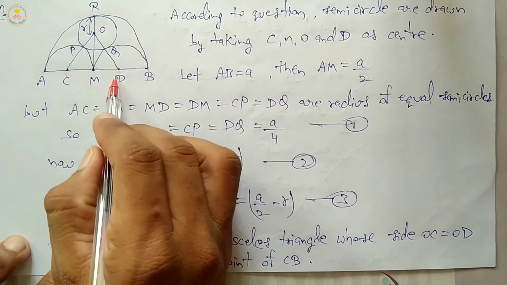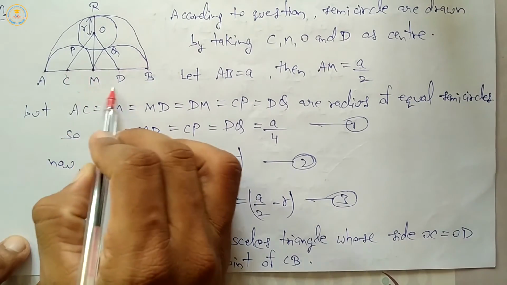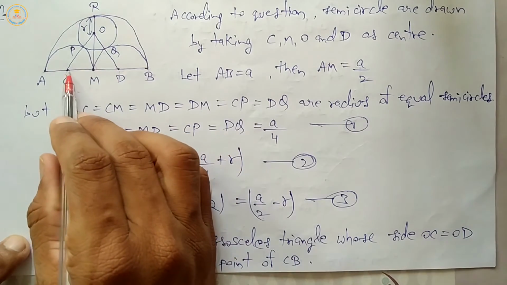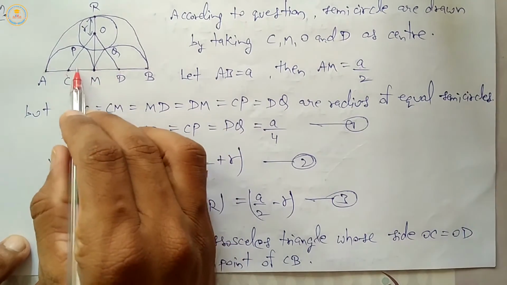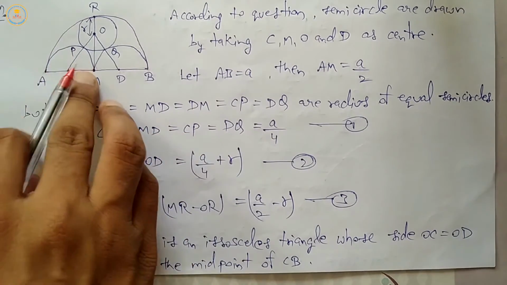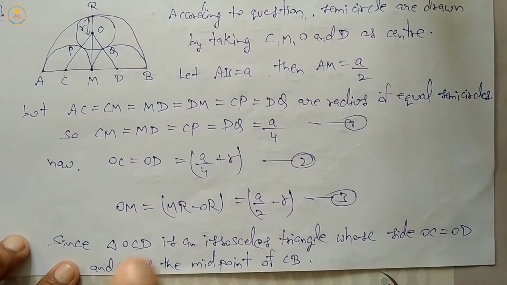M is the midpoint of CD means M divides CD into two equal parts. Therefore CM equals DM. Okay, clear.